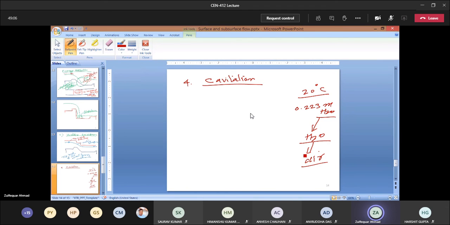This cavitation process happens in a low pressure zone. So where there is a low pressure zone, cavitation will occur.